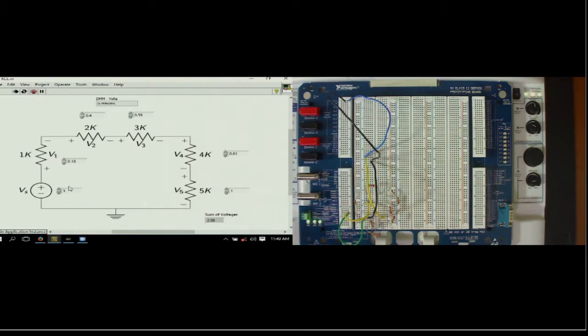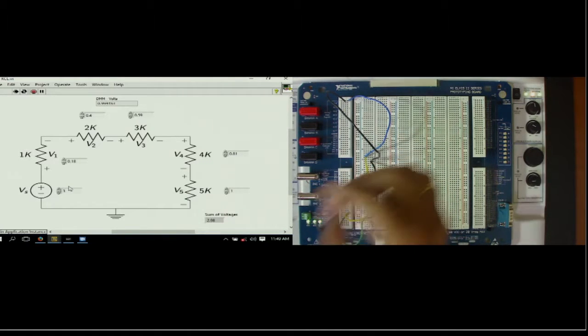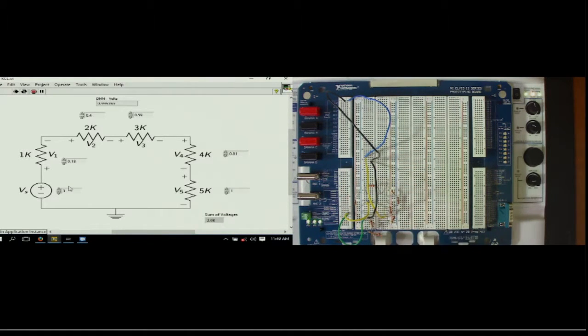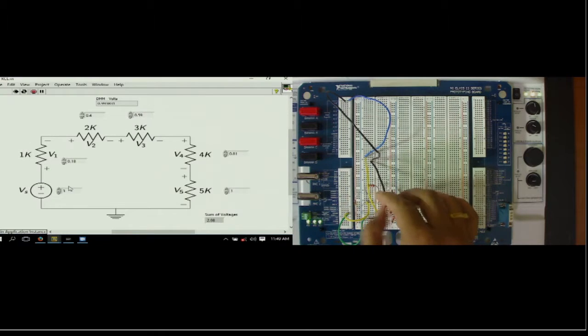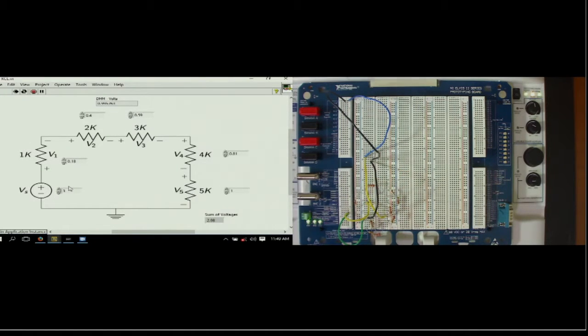And as we change the voltage source values, we are going to measure each voltage drop V1, V2, V3, V4 and V5 using the DMM lines, these two lines, and we'll update them in the LabVIEW front panel. So we will see what appears as V1, V2, V3, V4, V5 for a given input voltage Vs, and let us also see how the sum turns out to be.